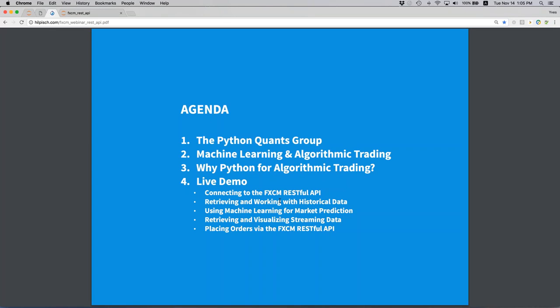I will also show how to retrieve and visualize streaming data, because once you get started with automatic algorithmic trading, you need to be able to digest real-time data and also probably to visualize this. And last but not least, it will be about placing orders via the RESTful API.